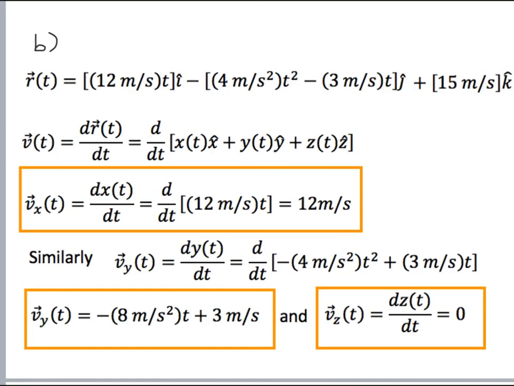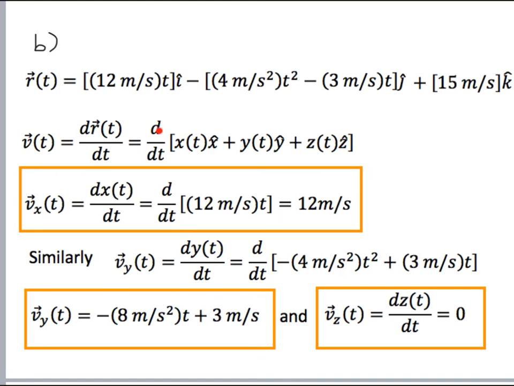Now for part B of this problem, we have our r function again, written out, and we want to find the instantaneous velocity. And the way we do that is we take the derivative of our r function with respect to time, and our r has been broken up into x, y, and z parts, and we're going to just take the derivative of each part in turn.